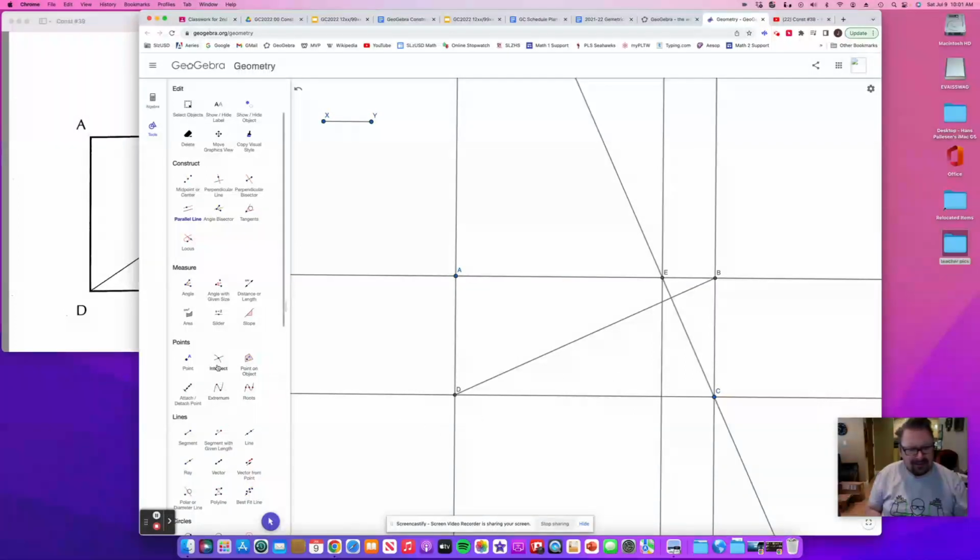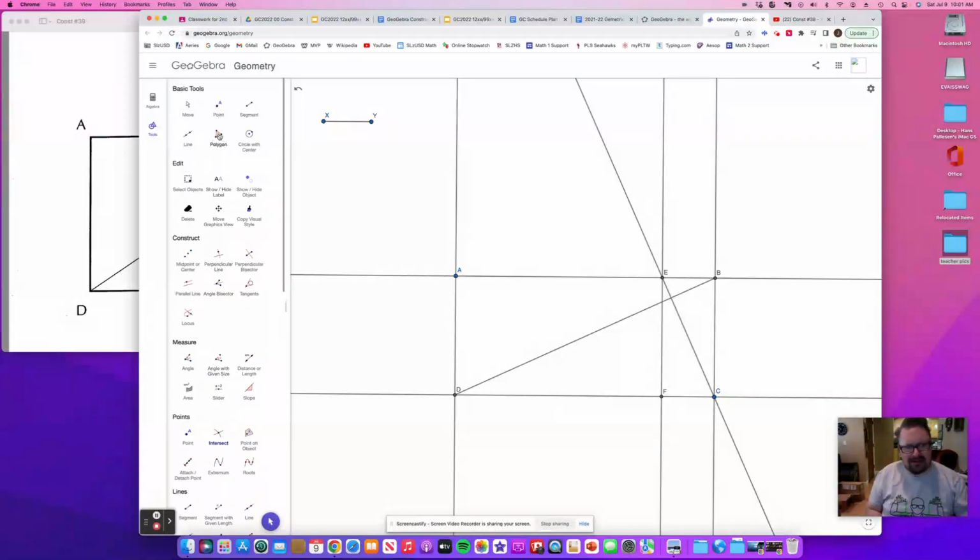And we can mark this intersection as F. Okay, and then we'll color that new one using the polygon tool. We'll make it 30 gray.